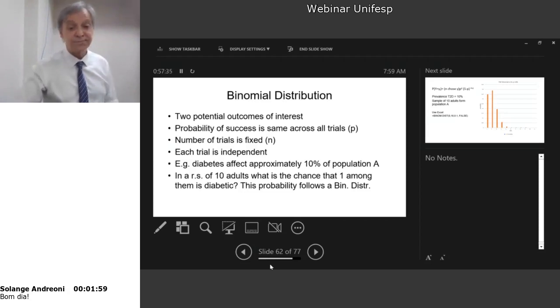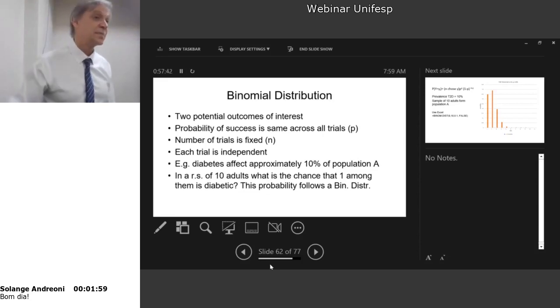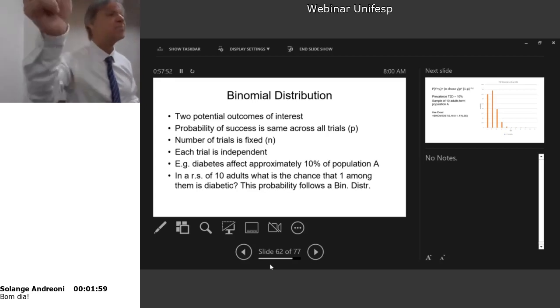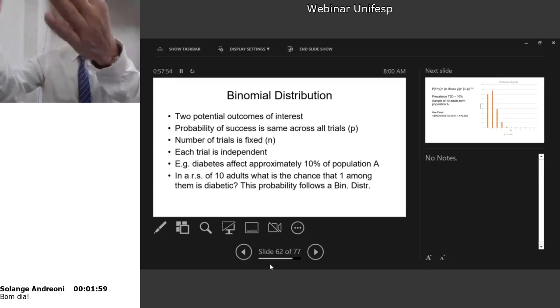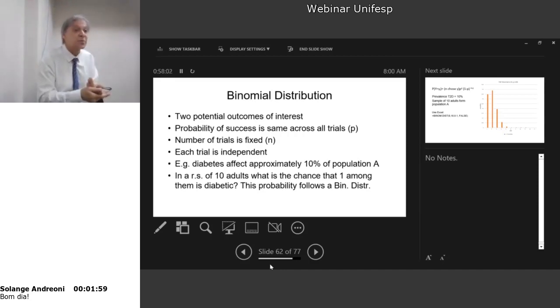For example, the proportion of people with diabetes in the population follows a binomial distribution. Say the prevalence of diabetes in the city of Columbia where I live is 10%. That's my big P, the population P, so P for my binomial is 0.10. I have a sample of 100 people, so N is 100.